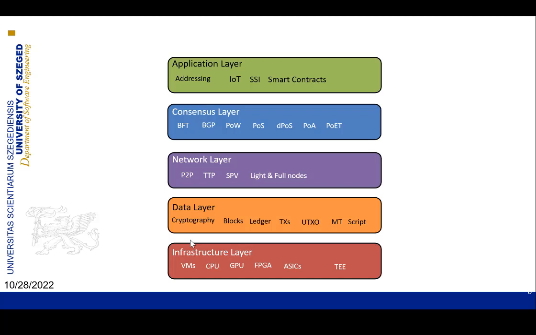Blockchain-based solutions are usually described referring to five main layers, including infrastructure, data, network, consensus, and application. The first three layers are usually constructed and maintained by non-blockchain practitioners, yet they need to provide protocols and mechanisms that are suitable for the application layer.